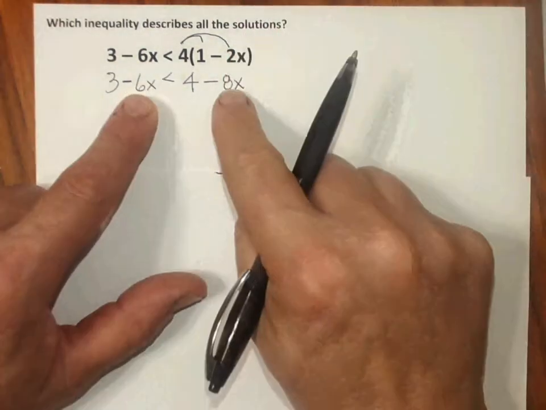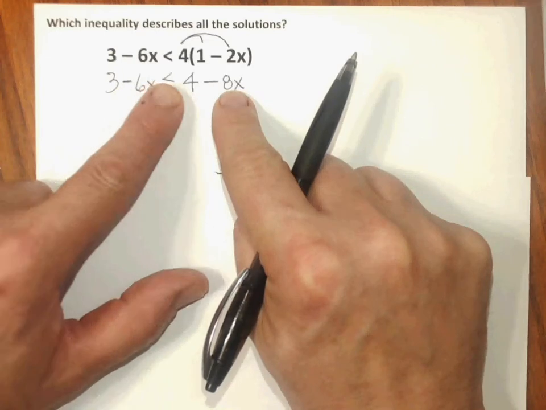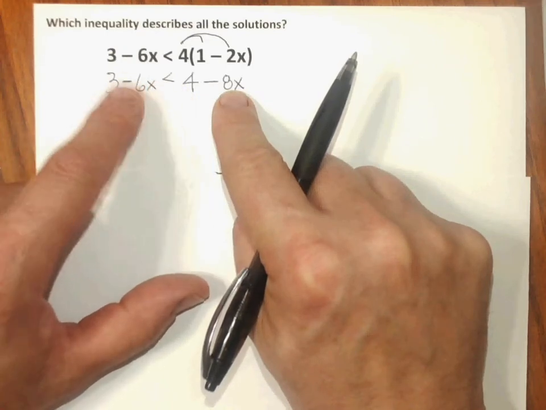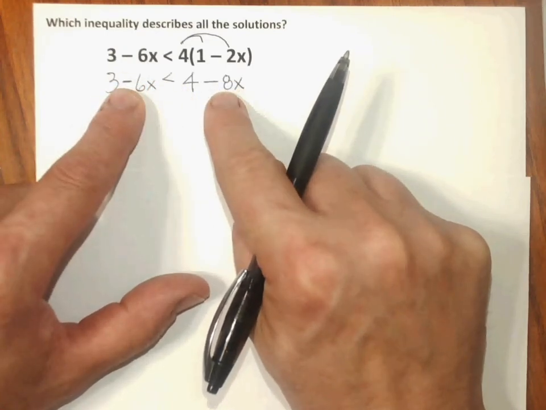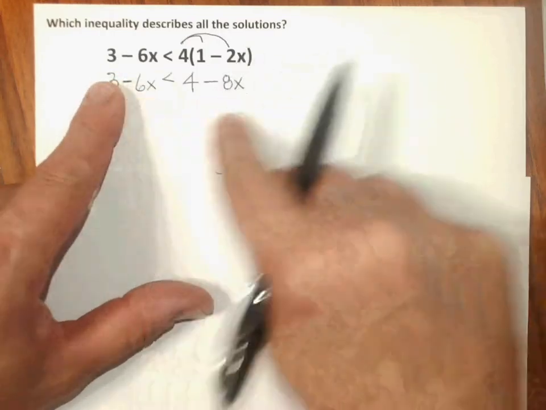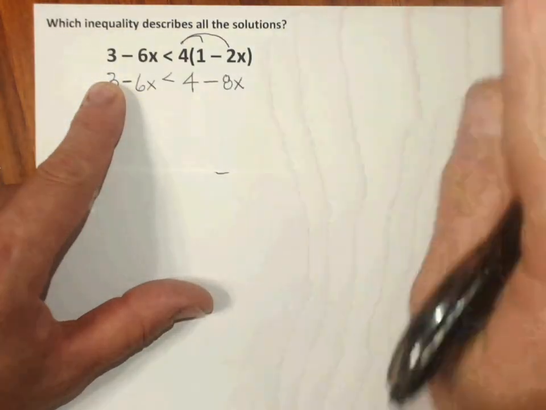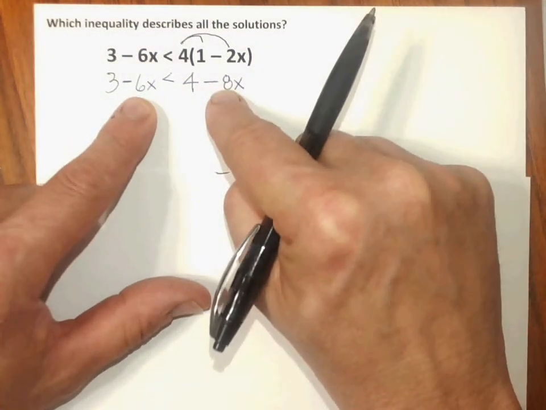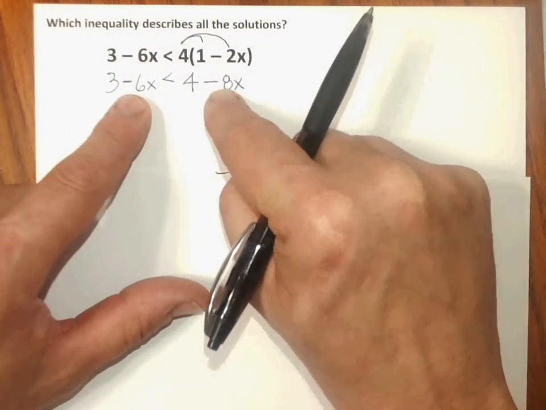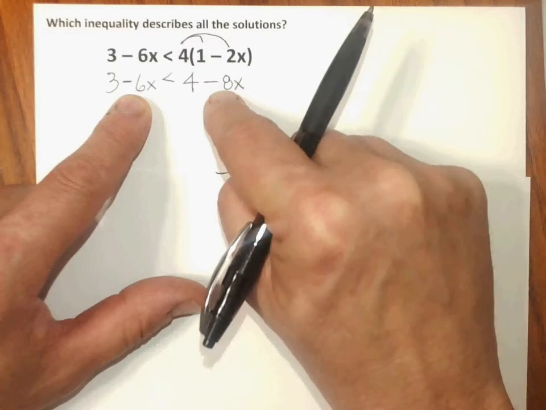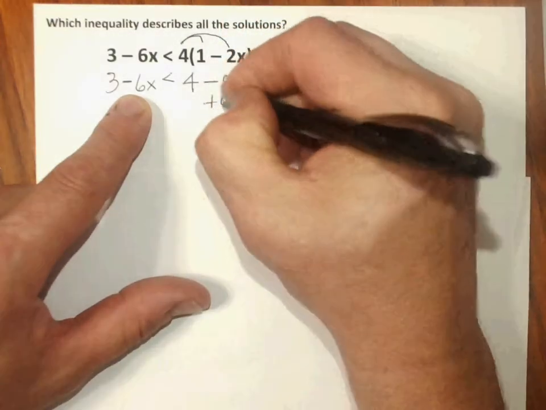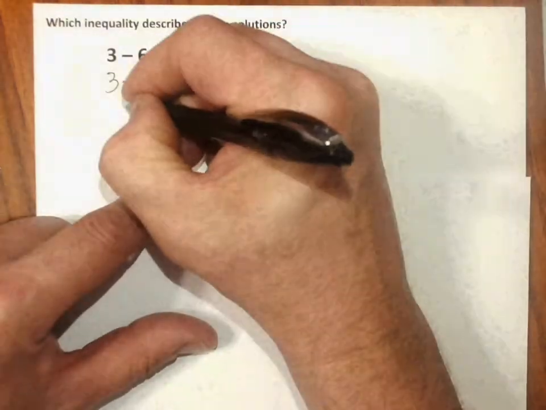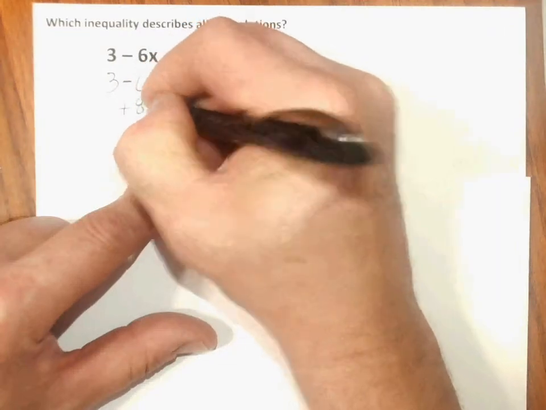Okay. I have variables on both sides of the inequality symbol. I have a negative 6x. I have a negative 8x. I can move any one of these that I want. I'm going to take my own advice. I'm going to move the smaller of the two. Out of negative 6 and negative 8, negative 8 is smaller, so I'm going to add 8x, not 8, but 8x to both sides.